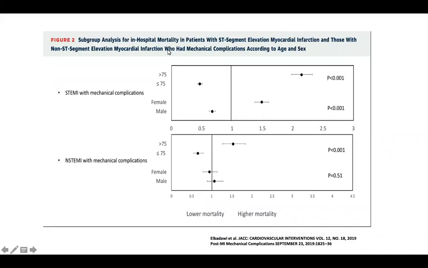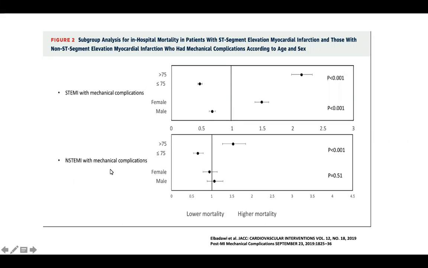In the subgroup analysis, looking at the factors affecting the mortality outcome, in the STEMI group, elderly people do the worst and the younger do better. Similarly, with gender, females, particularly in STEMI, did the worst, while the male group had better outcomes.